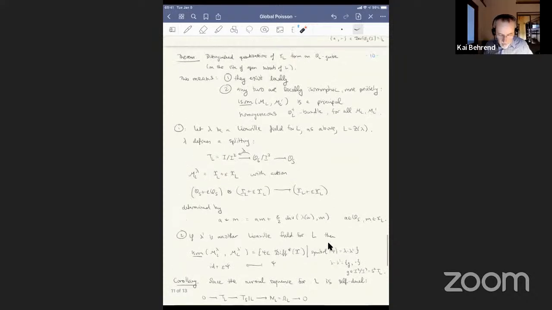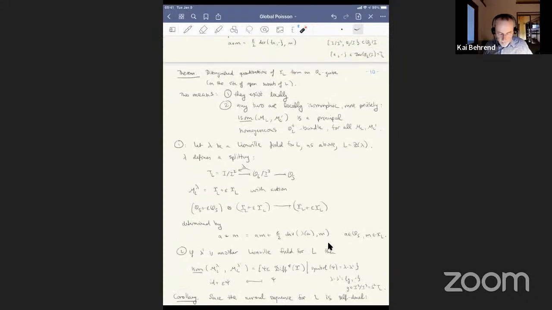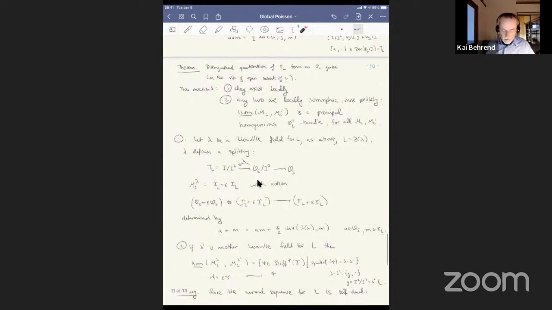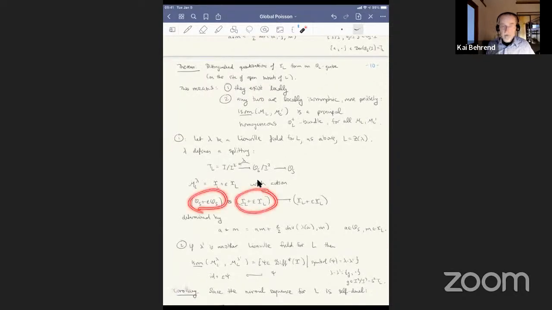And maybe I'll just briefly, I'm running out of time and it's getting very technical. So I briefly should mention that to prove that these exist locally, you locally choose Liouville fields, which give you a splitting of this normal sequence of L and S. And then you can define an action of this trivial thing on this trivial thing by this formula here.